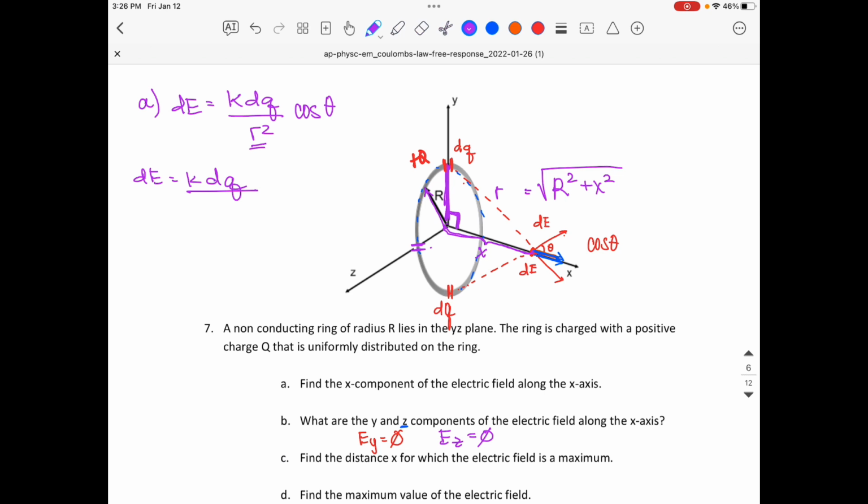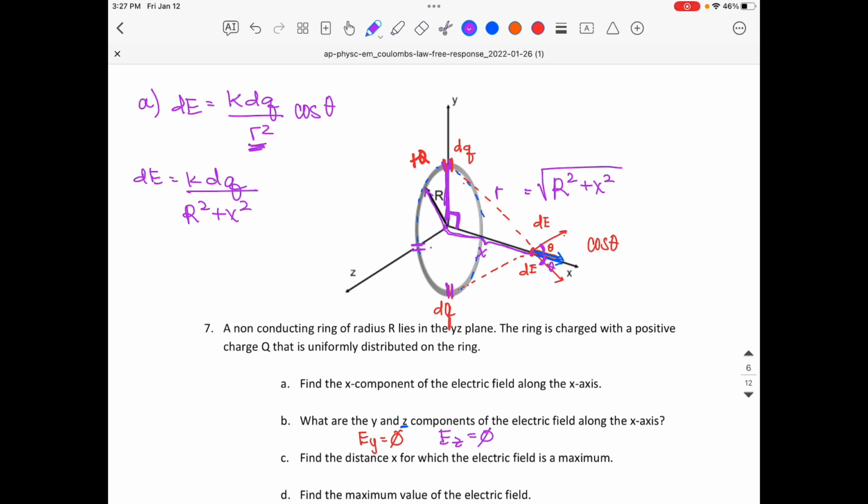I'm going to substitute R squared plus x squared in for r squared, because the square root squared is just the function. And then cosine, this is interesting because we have this angle here, which we know is going to be equal to, if it's coming from the top, then we know that the angle here is also theta because it's symmetric.